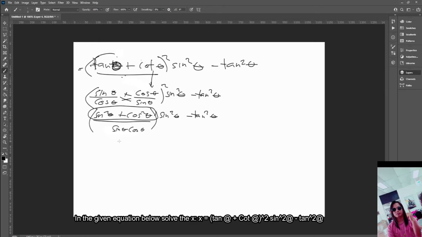Okay, so we can convert this to 1. So this is going to be like this, and then sine theta cosine theta here. Then we have sine squared theta minus tangent squared theta.